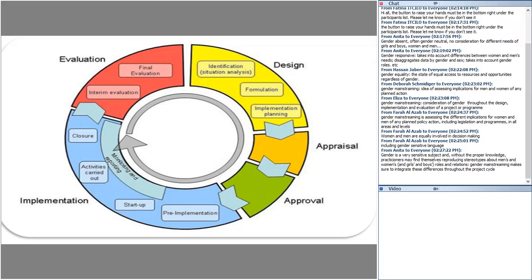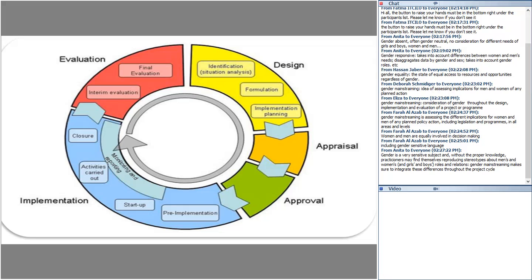And this is the project cycle image that Esther Gomez helpfully shared. And I want to just bring your attention to the fact that we're only talking about design and the first step in the project cycle, which is the situation analysis, or sometimes called identification.